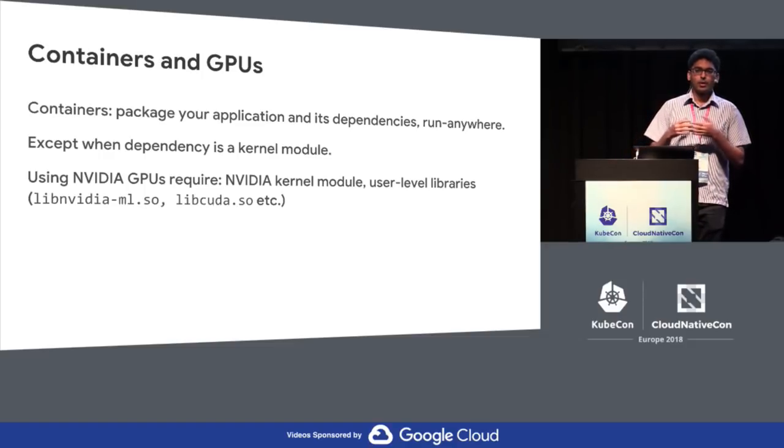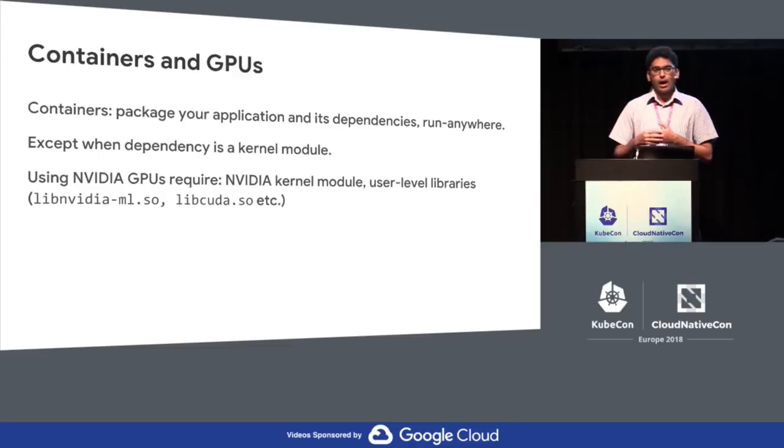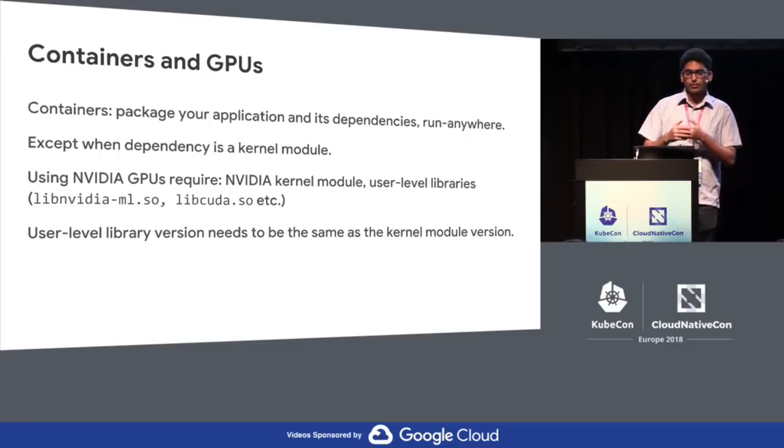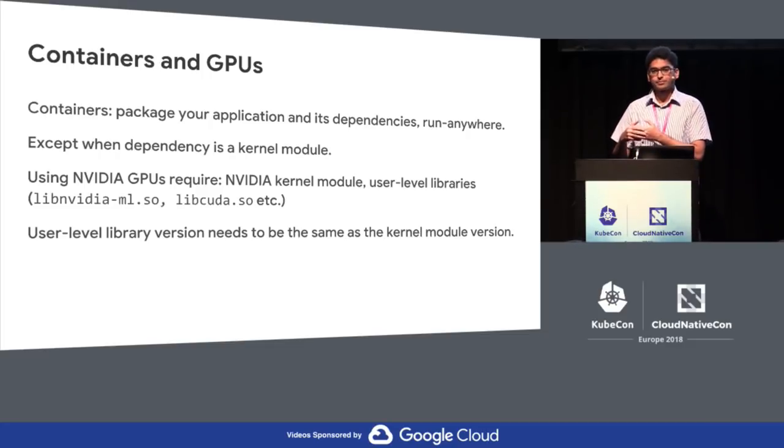So maybe you can package the libraries in the container image and assume that the kernel module will be present on the host. Except the version of the NVIDIA shared libraries needs to be the same as the version of the NVIDIA kernel module.